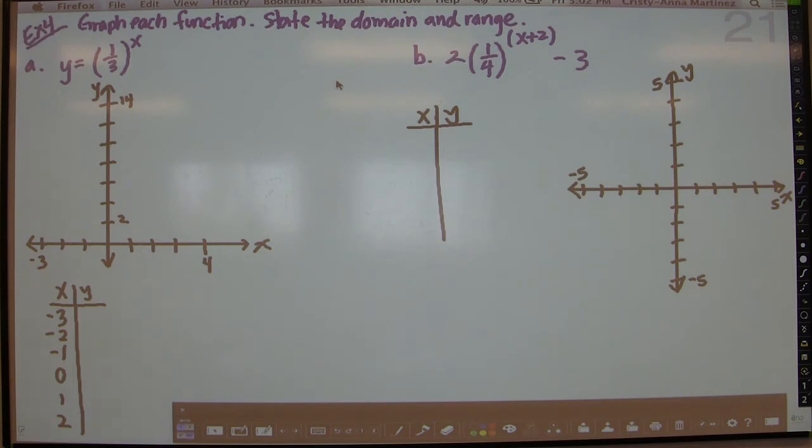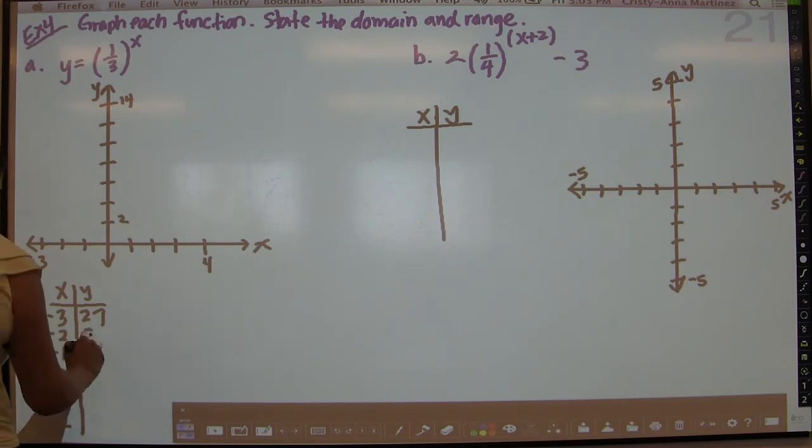So we're going to graph y equals 1/3 to the x power. So I have my t-table here, and I'm going to say 1/3 to the negative 3 power is 27. Make sure that you put your 1/3, like your fraction, in parentheses when you do this, and then raise it to the negative 2 power. 1/3 raised to the negative 2 is going to be 9.